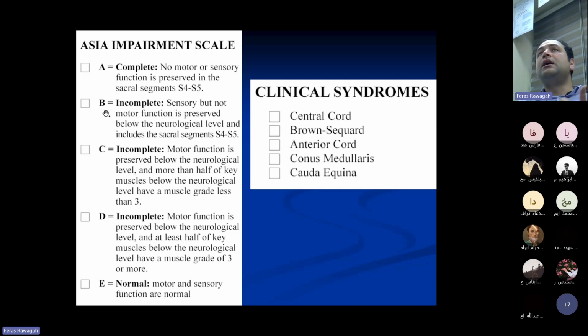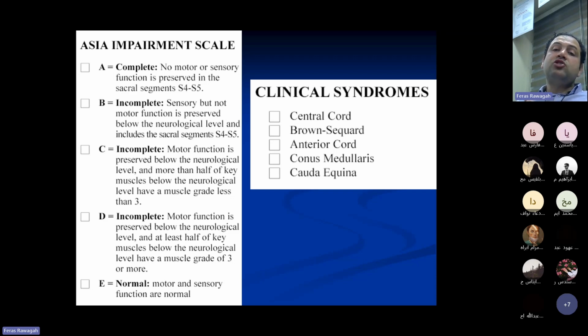What about B? B means that the patient has loss of all motor functions below the level of injury. Every motor function below the level of injury is lost. Okay? But there is some sensation. Any part of sensation, the classification changes from A to B. Remember, we examine just the voluntary part.